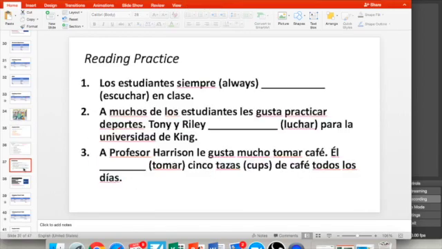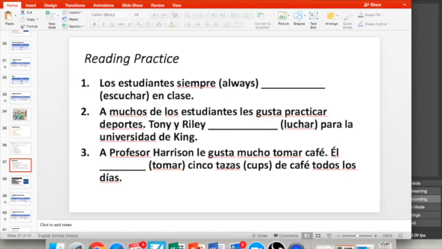Okay, so a little more practice for you, and this involves reading and understanding as well. It's going to give you a brief sentence here, and I want you to go through and correctly conjugate the verb in parentheses. So number 1 tells you that los estudiantes siempre escuchar en clase. The students always, and then escuchar, to listen in class. So we want to say that the students, they always listen.